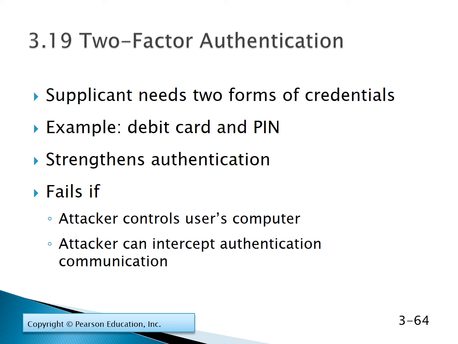So this actually provides a stronger authentication, but of course this will not work if the attacker controls your computer or your phone. So even when you have your password plus, say, an email token or sometimes the SMS message, it still may not be safe, right? And another possible issue is the attacker can also intercept the authentication communication, right?